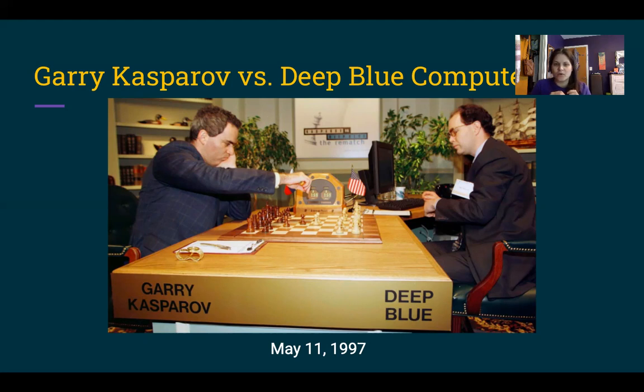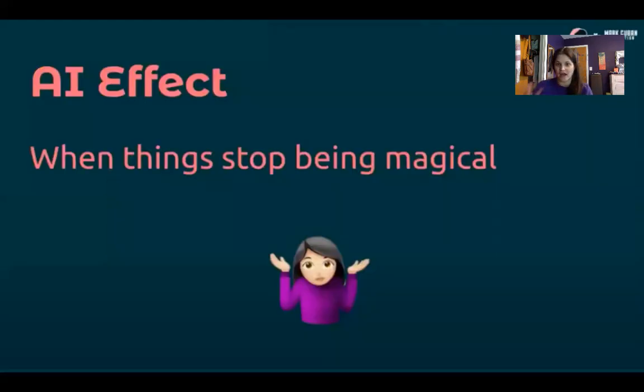And so when it seems so easy for a computer to do those things, even though the actual process of getting there required a lot of learning, we call that the AI effect. Basically it's when computers doing things stops seeming magical.